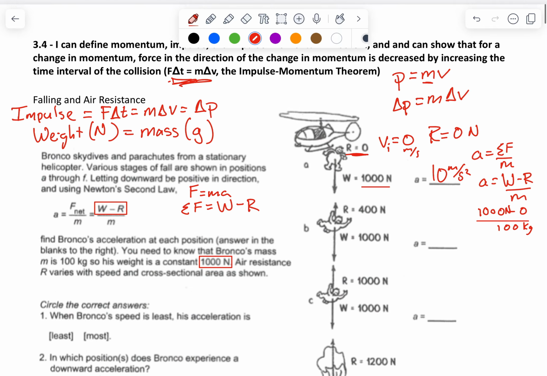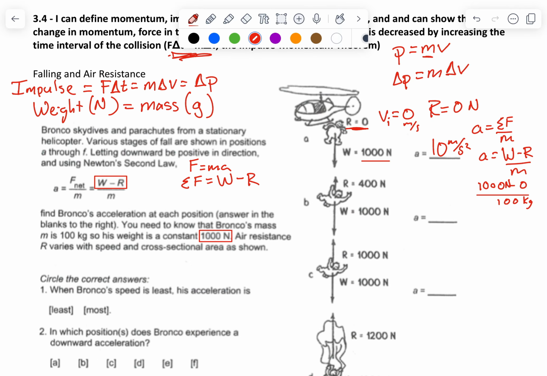Okay? Well, as he starts speeding up, the air resistance increases and increases. In our example here, it eventually gets to 400 newtons of air resistance force. Well, now my weight force, 1,000 newtons, minus his air resistance, 400 newtons, divided by his mass, which is going to be 100 kg.